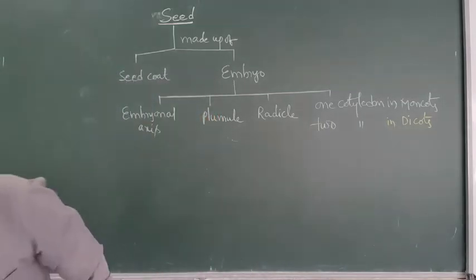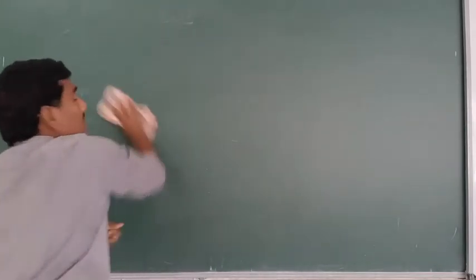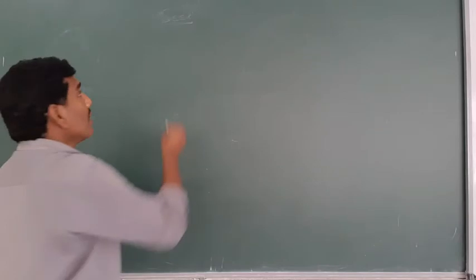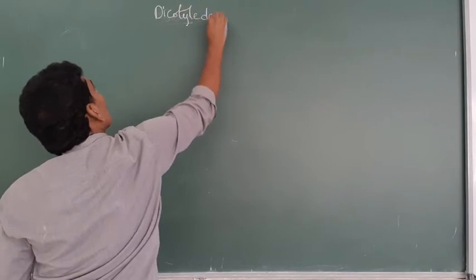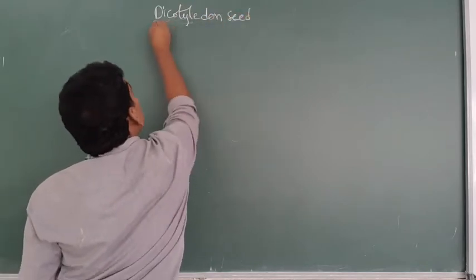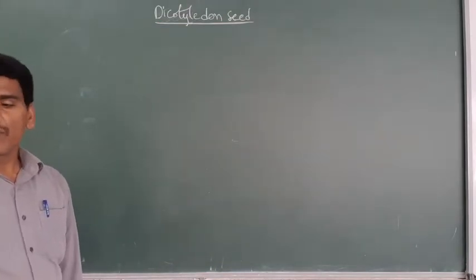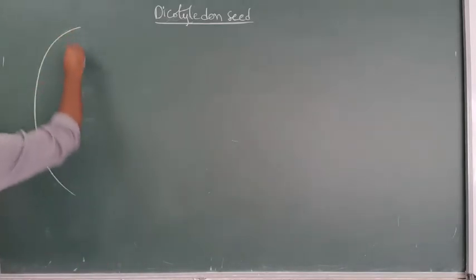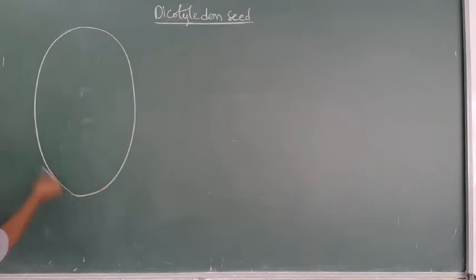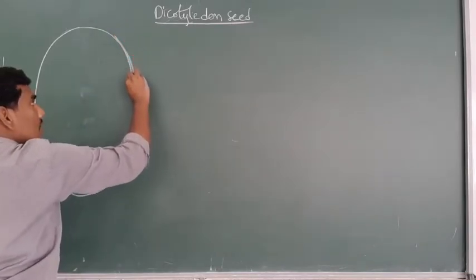Now we are going to see the dicotyledon seed. What are the characteristic features of the dicotyledon seed? For example, in one dicotyledon seed, here this is one seed.